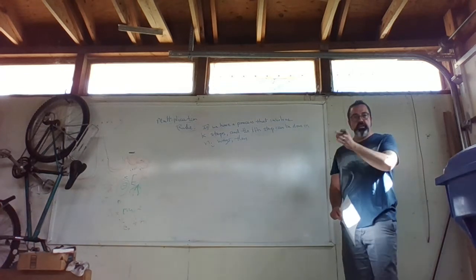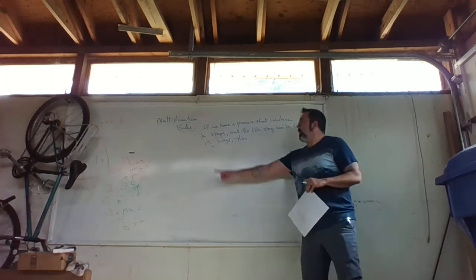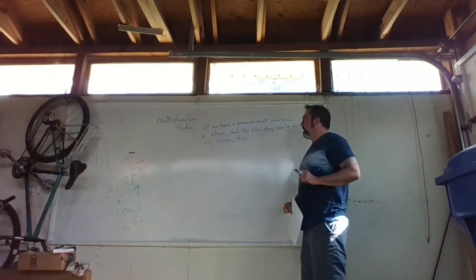So we're going to take 1, 2, 3, 4, up to k steps to complete our process. And at each step, there are n sub i ways of doing that step.